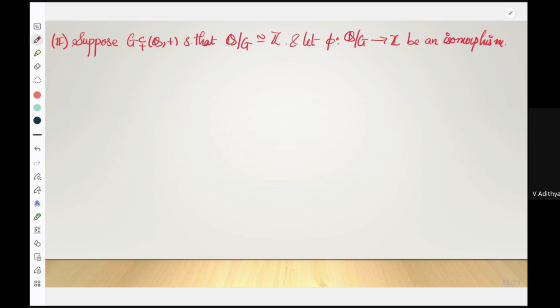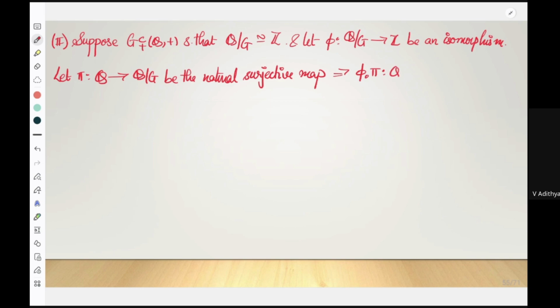But we can use this: let pi from Q to Q mod G be the natural surjective map. This implies phi composed with pi from Q to Z is a surjective homomorphism.